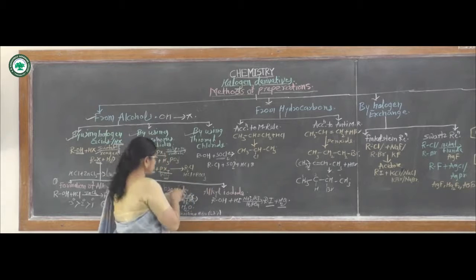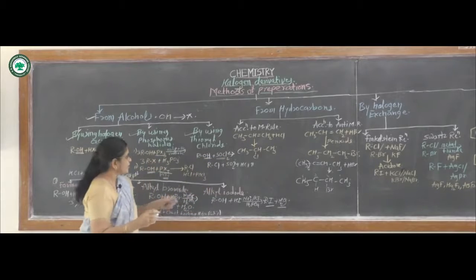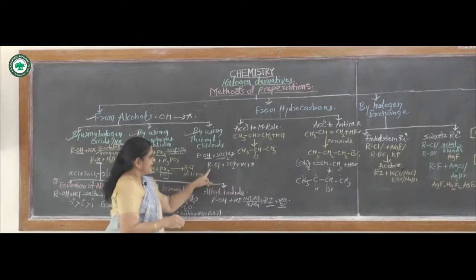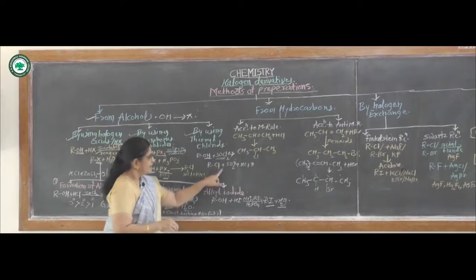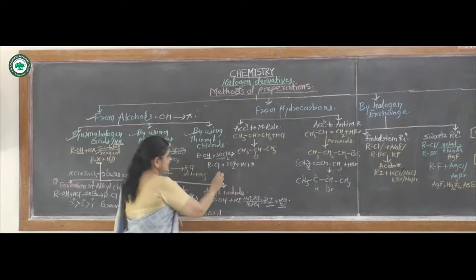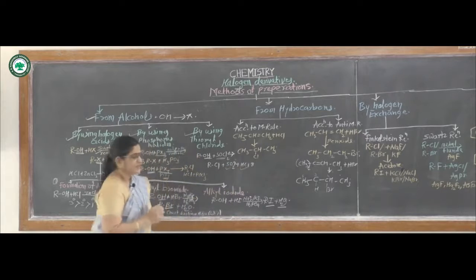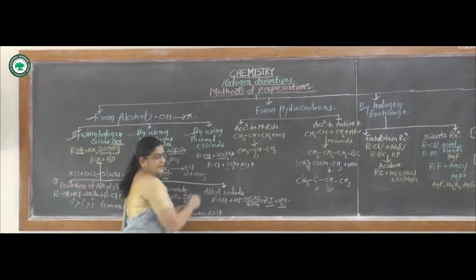In this reaction also, the OH group gets replaced by one of the chlorine atoms of thionyl chloride and it forms alkyl chloride plus SO2 plus HCl. The two byproducts, SO2 and HCl, are both in gaseous state.